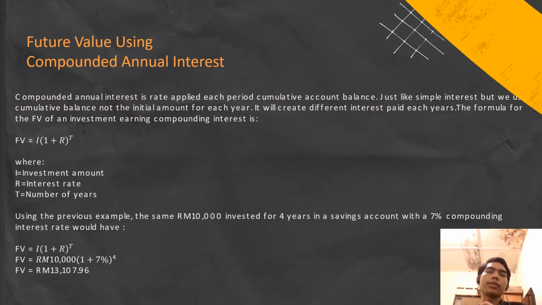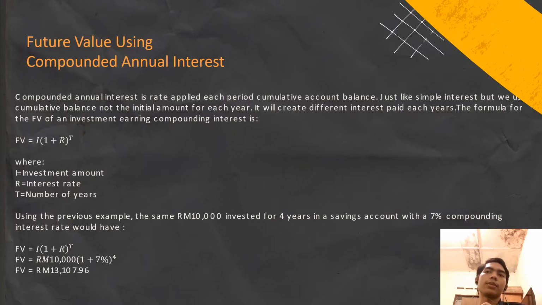Compounded annual interest is just like simple annual interest, but the value of the investment amount will be different year by year because they use the cumulative balance to make the investment.